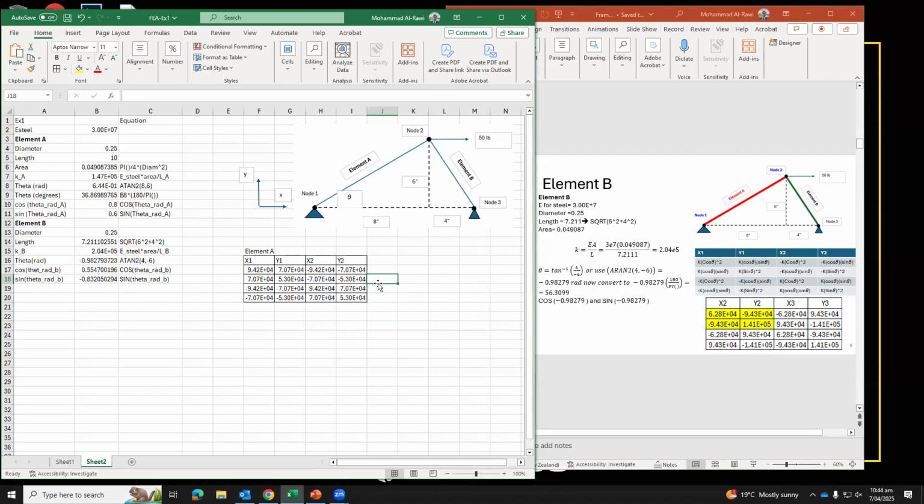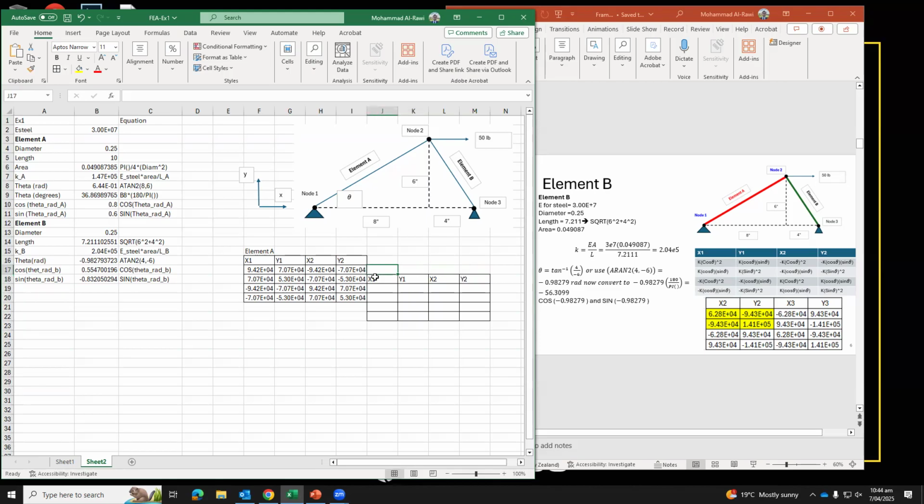Now, I will do this table 4 times 4 here. And I will call this one x1, y1, x2, y2.